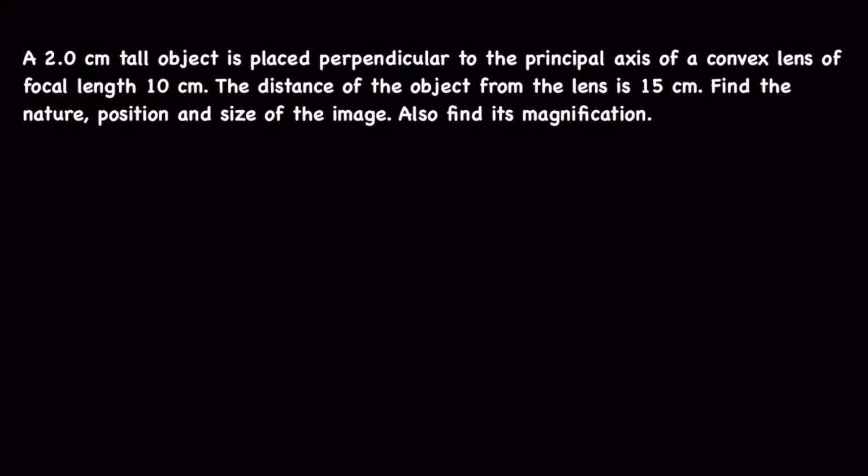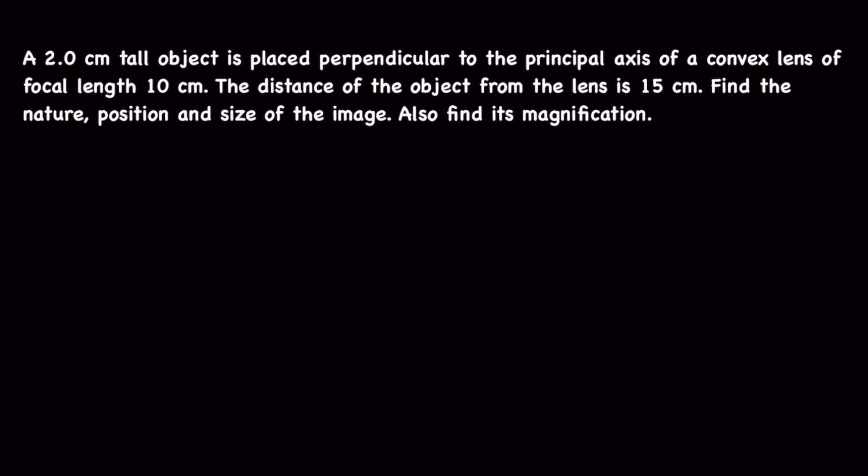The distance of the object from the lens is 15 centimeter. So this is our U. So in this question, height of object, focal length and the distance of the object is given. What we have to find? We have to find the nature, position and size of the image. Means you have to find the V value and height of image, and also we have to find the magnification.